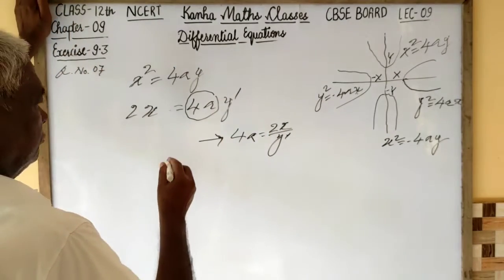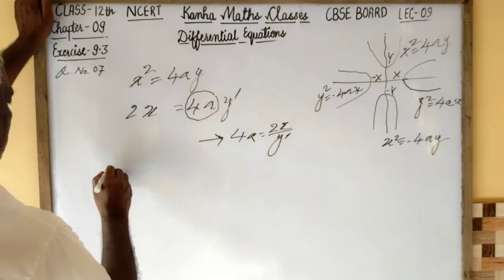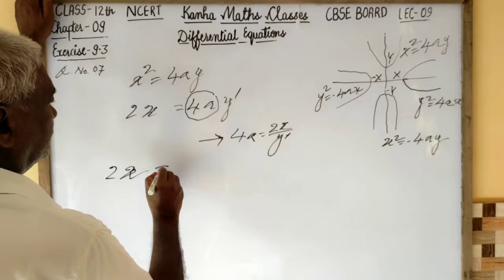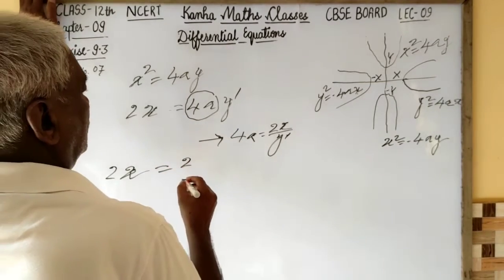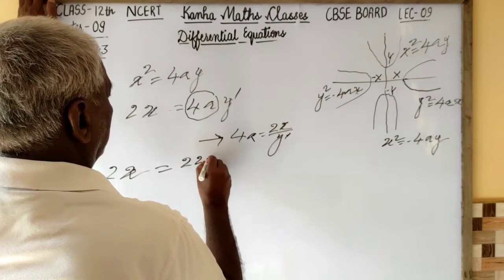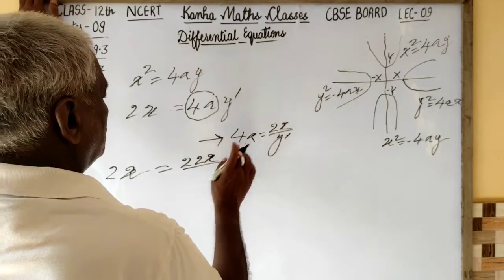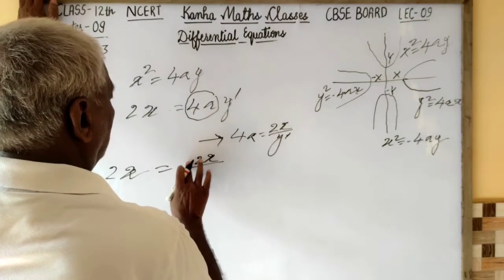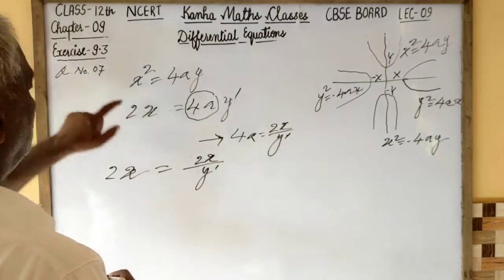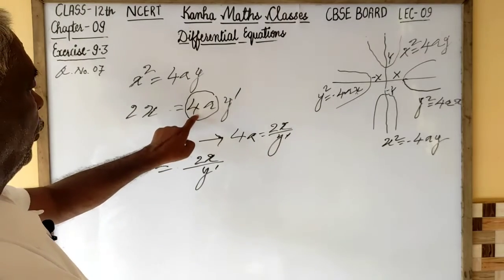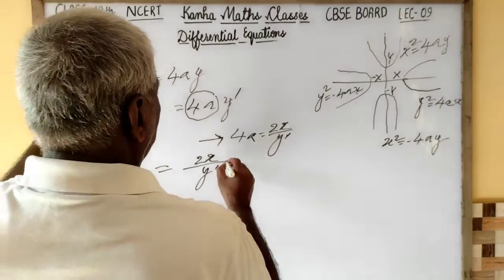Now if we replace the value of 4a in this equation, we will get 2x is equal to 4a means 2x upon y dash.